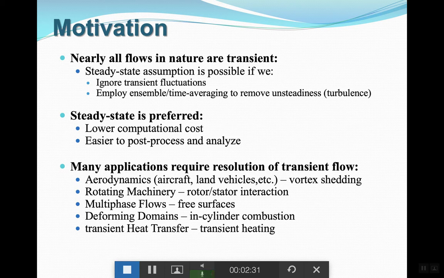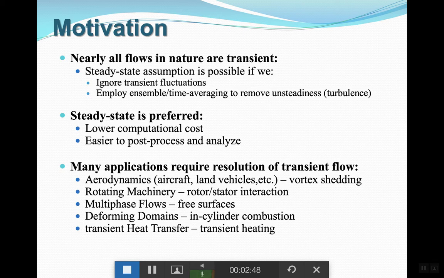There could be that, first off, nearly all flows in nature are transient. Okay, so if we want to look at it in terms of the actual physics and the reality of the situation, nearly all flows in nature are transient.